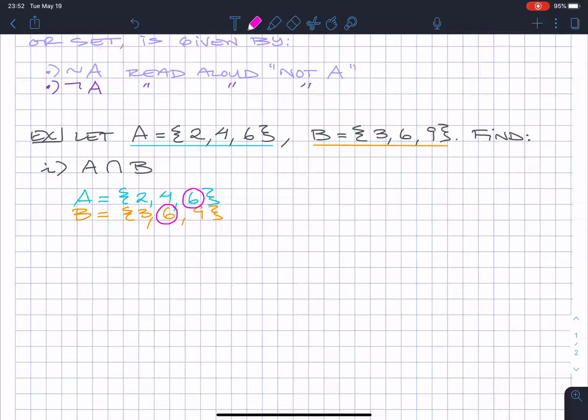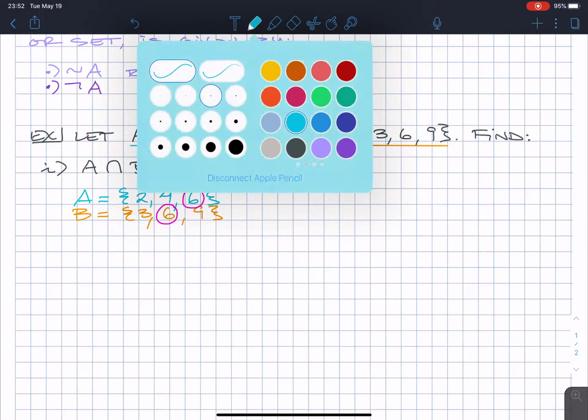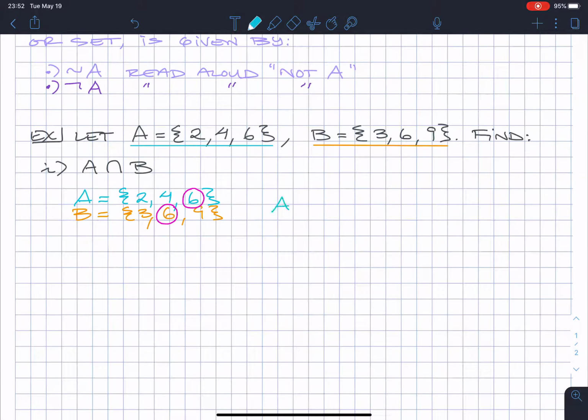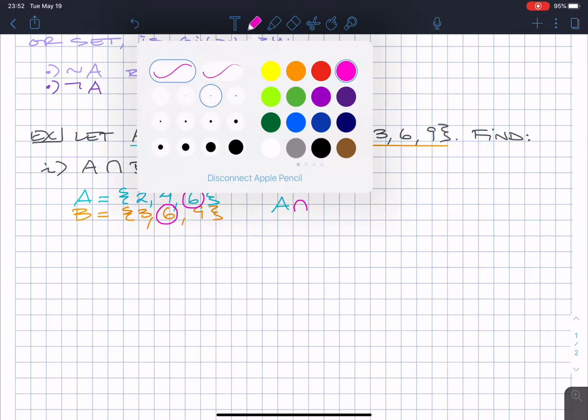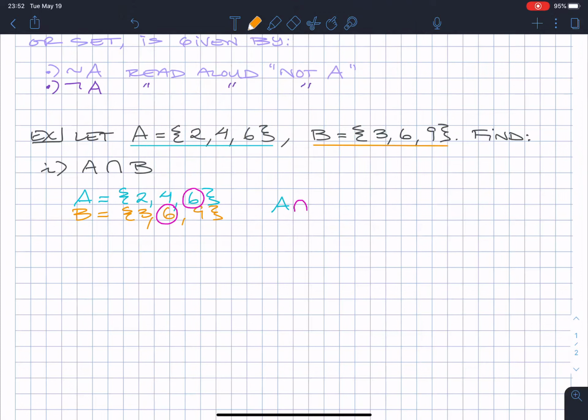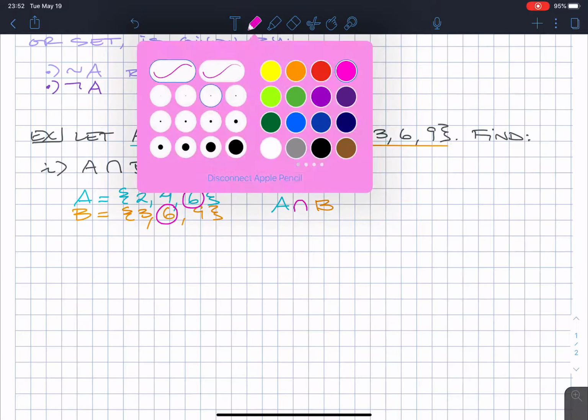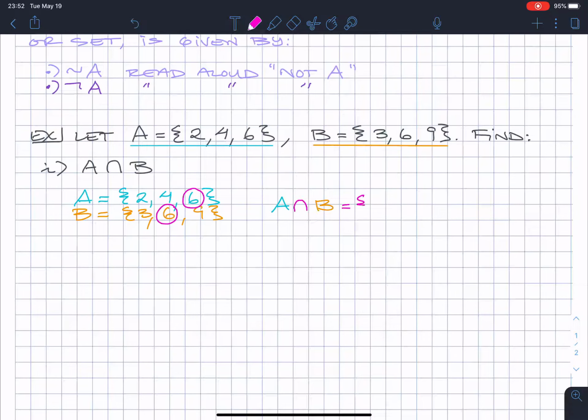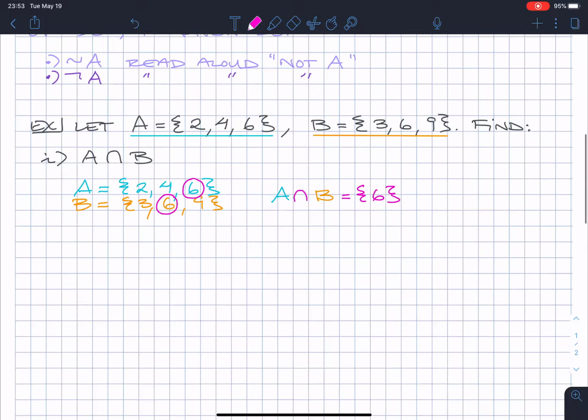So what is in A and B? That which is in A and in B is just going to be the number 6. So that's what the AND symbol indicates, what's in both A and B.